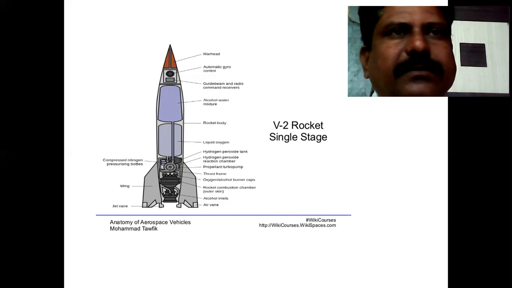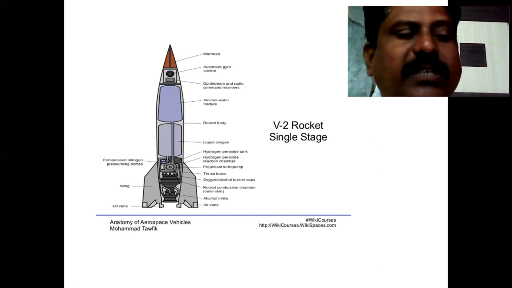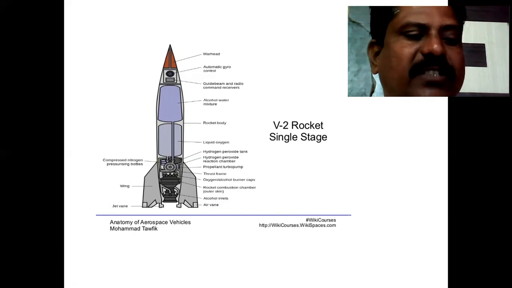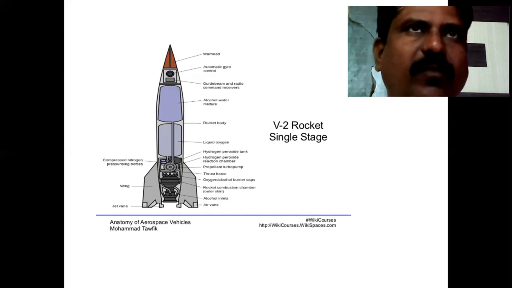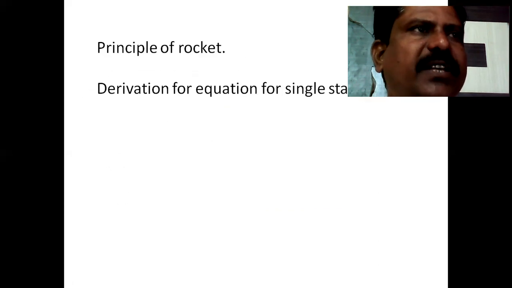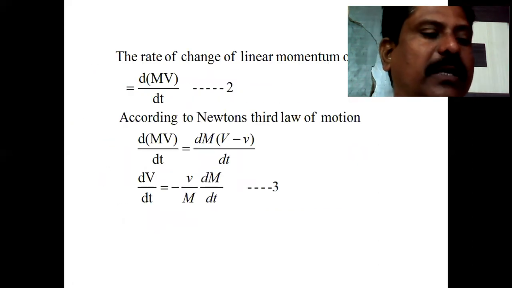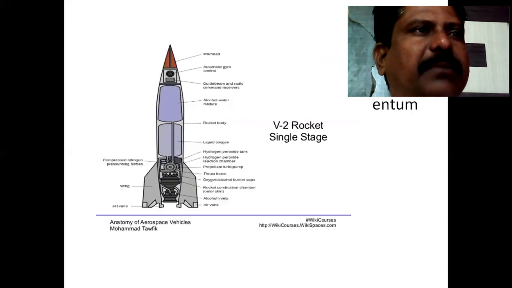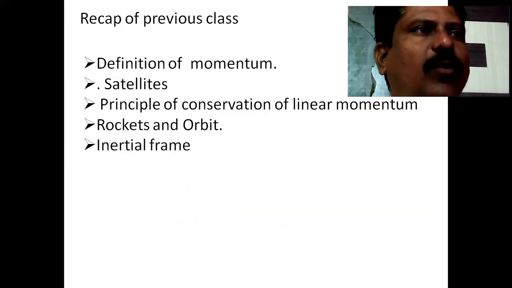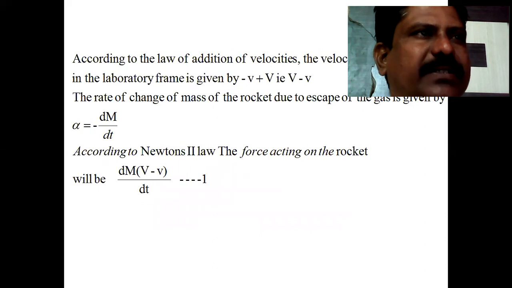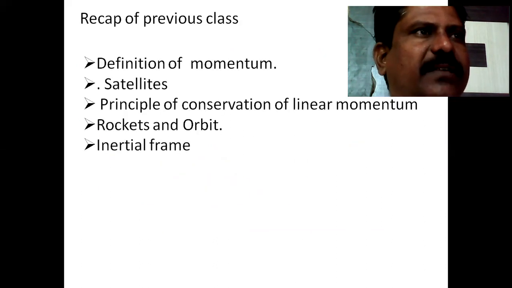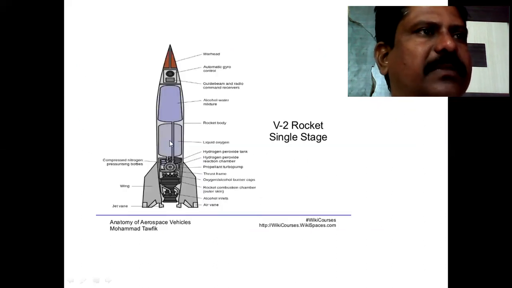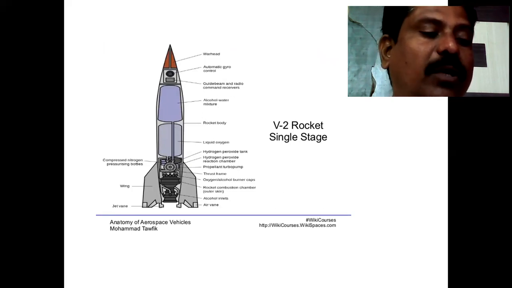So let us derive the expression for the velocity of a single stage rocket, neglecting its weight. Let capital M be the mass of the rocket, including the mass of the fuel.